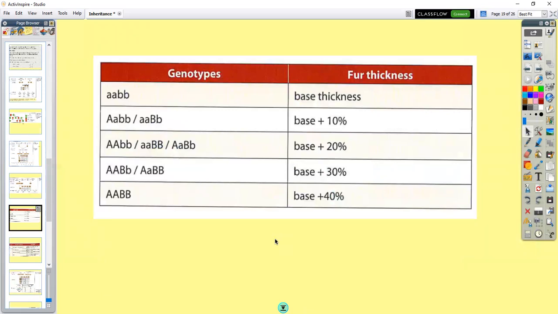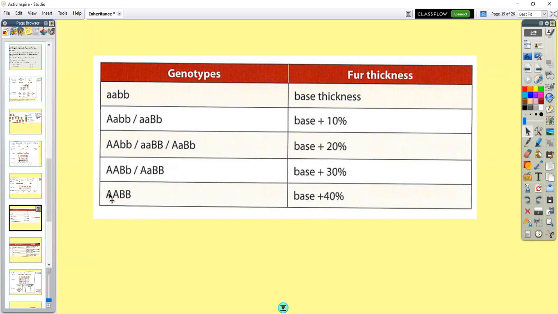With this type of one, this is looking more at how genes interact with each other, epistasis. Okay, so for this gene interaction, it has a cumulative effect. Okay, so we can see that this is looking at fur thickness. So anything with 1 big letter, it adds 10%, 2 big letters, 20%, 3 big letters, 30%.